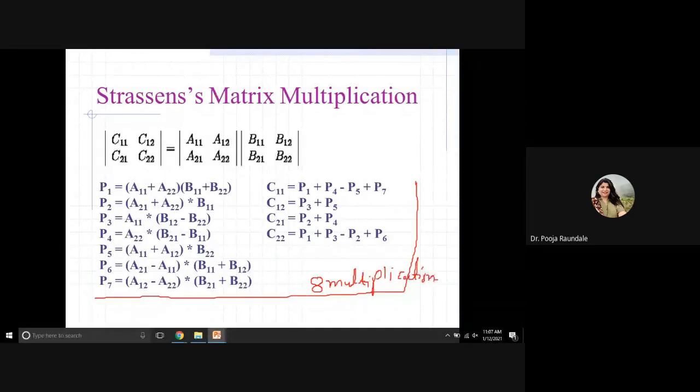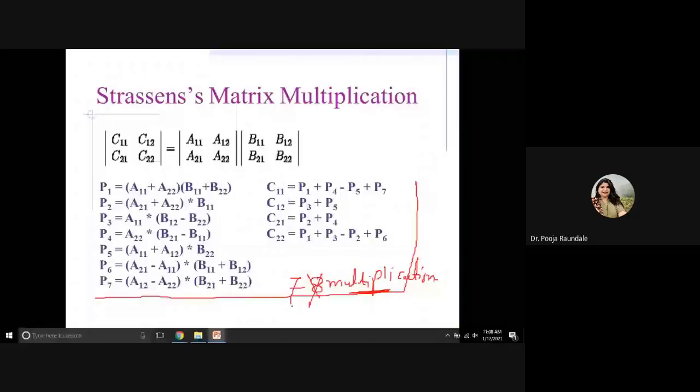How many multiplications, 8 or 7? 7. So we have 7 multiplications for 2 by 2. 8 is in the brute force method. And we have a few additions.